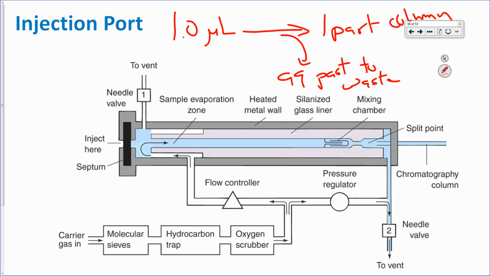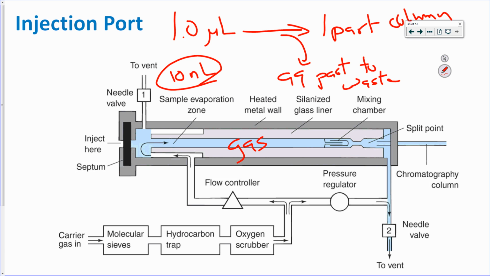The problem is I really only want to inject about 10 nanoliters, and I can't do it. It's just too small. You're talking about the size of a cell at 10 nanoliters. So what we do is we inject a big sample, and we run into this splitter. This takes it into a gas phase, so here the sample's all converted into a gas.